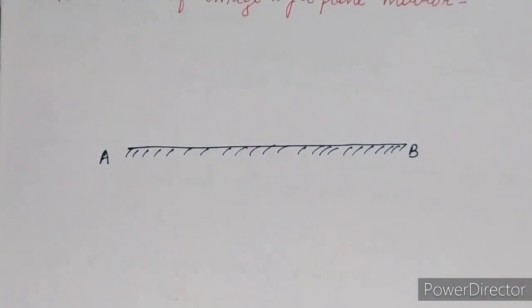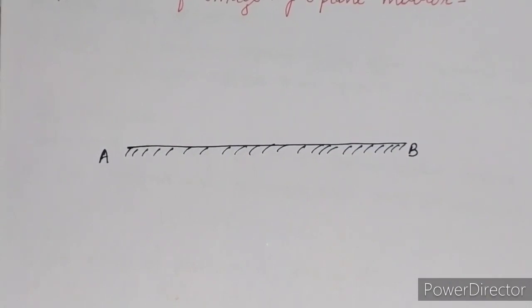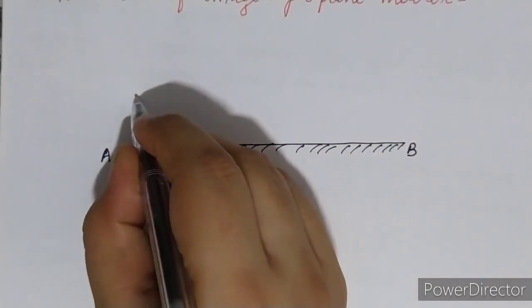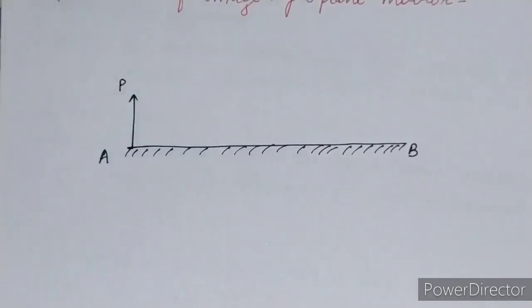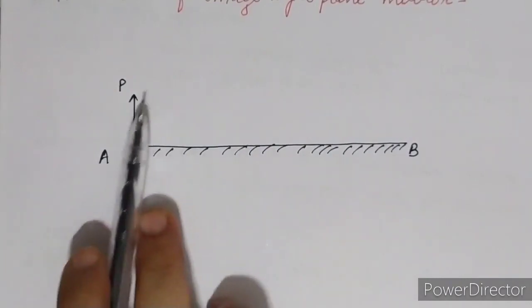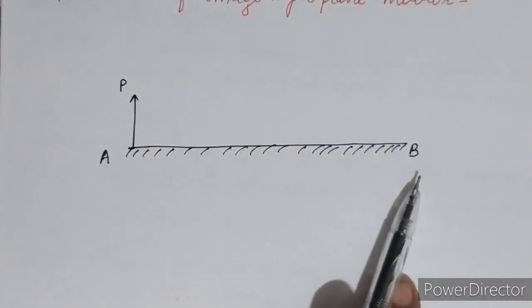Clear, beta? Now I am just considering a point object at P. At P I am considering a point object, and this is in front of the plane mirror AB.